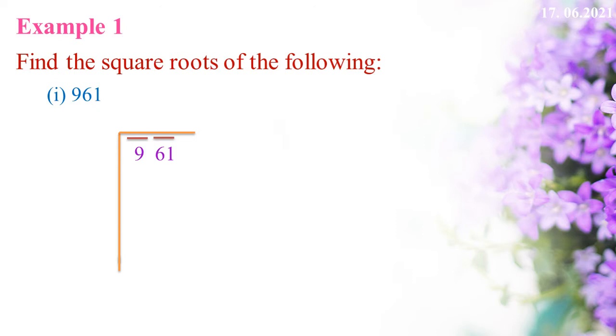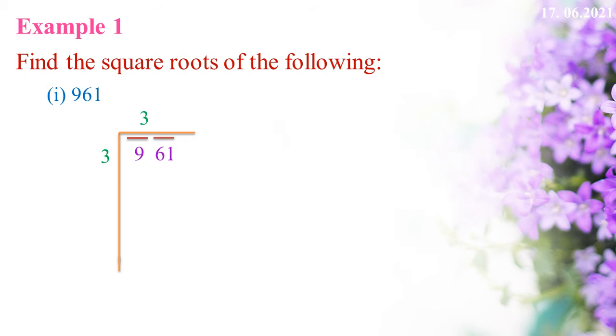Next, we should find the largest number whose square is equal to or just less than the first period. Here, 3 is the number. Take this number as the divisor and the quotient. Here, 3 is the divisor, 3 is the quotient and 9 is the dividend.